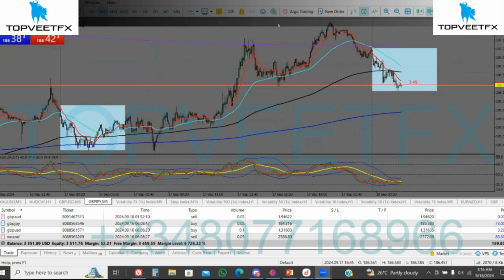The current price is 186.398. Now, this last digit is a pipette. The ones before it are what we call pips.